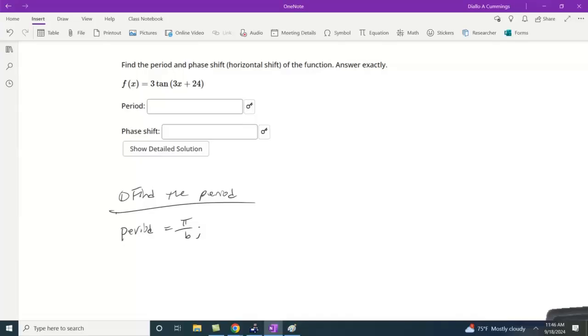So b is still the coefficient of x. If I look at my problem, b is going to be 3. So the period is going to be pi over 3. Next, we're asked to find the phase shift.